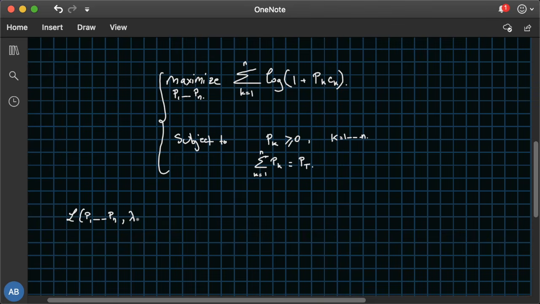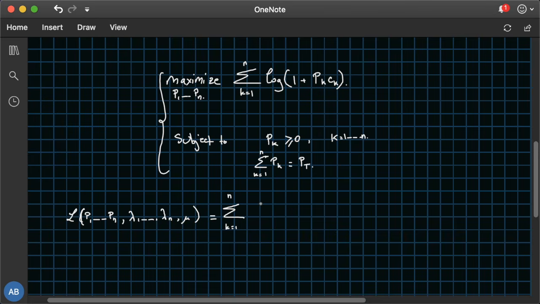So we've got n lambdas, that is lambda 1 down to lambda n, where lambda k is associated with pk positive, and we've got a mu associated with the equality constraint, right? So the Lagrangian function would look like this.